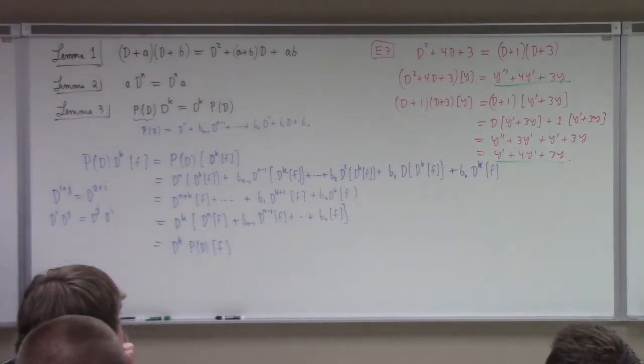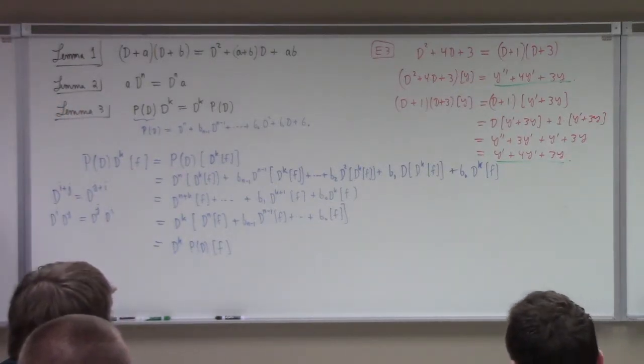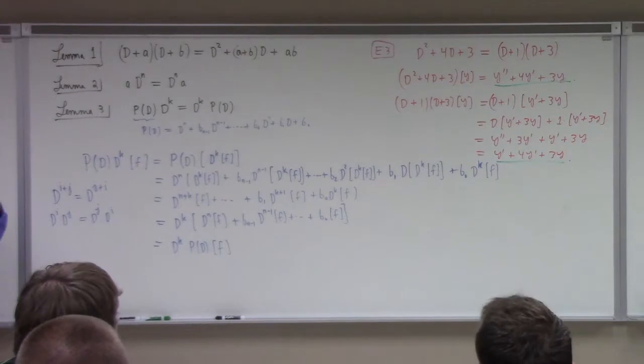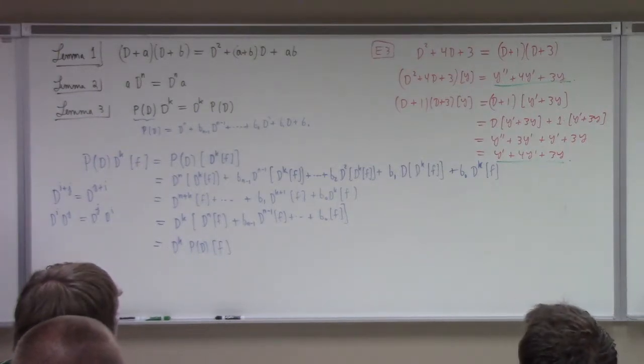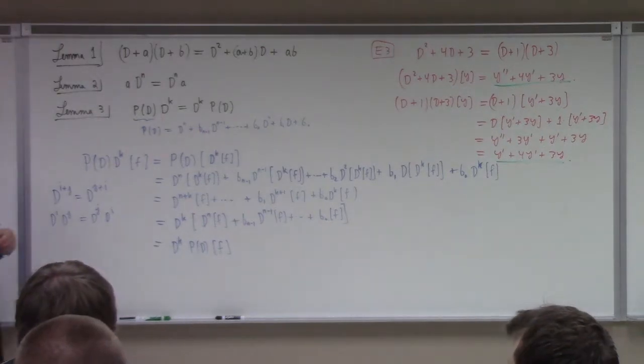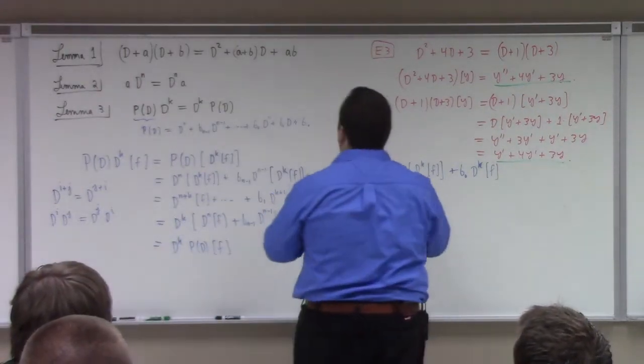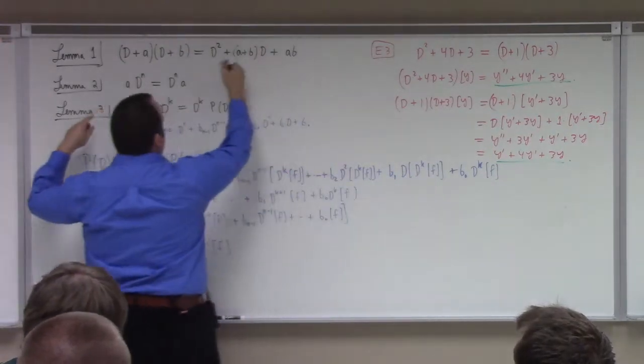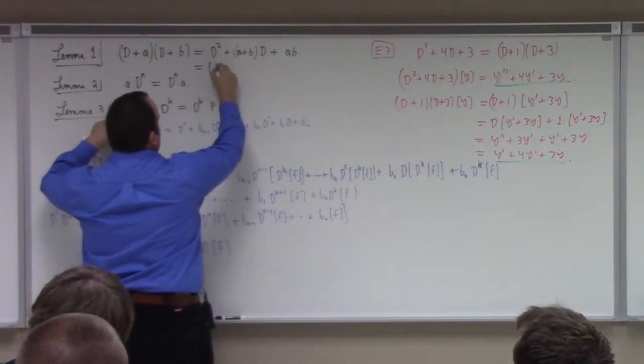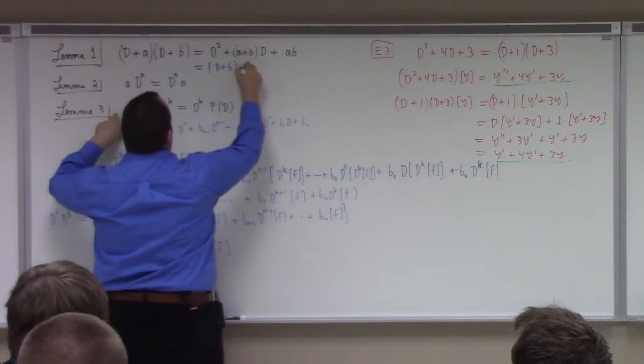So what I'm trying to tell you is that what I just did in example 3 continues to be true for products of more operators. The interesting thing is that a corollary is that I could also write D plus b times D plus a.